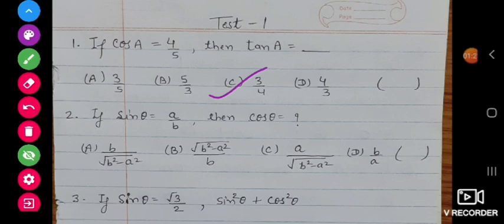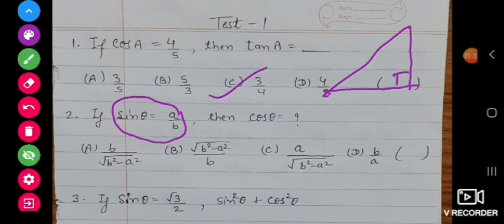Then question number 2. If sine A is equal to A upon B, make a triangle again. A upon B means P upon H. You have to find sine theta, make theta here.